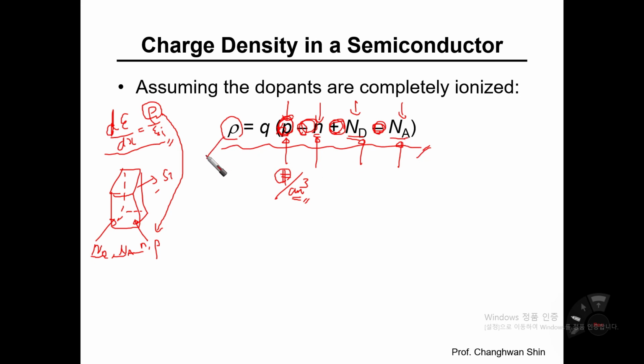But here the unit for charge density is coulomb per cubic centimeter. So to match the unit on the left hand side with the right hand side, we should multiply by something. What is this? Yes, coulomb per number. Then the number unit would be cancelled out, and in the end, coulomb per cubic centimeter.